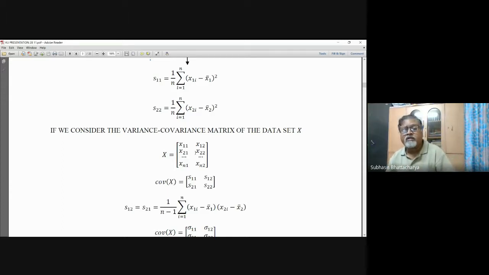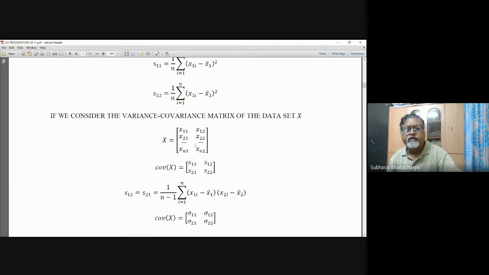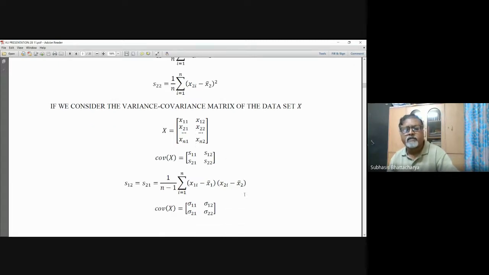If it is a population, then this covariance of X is the variance covariance matrix for the population, in this form: sigma 11, sigma 12, sigma 21, sigma 22, where the diagonal elements are the variances and the off diagonals are the covariances.